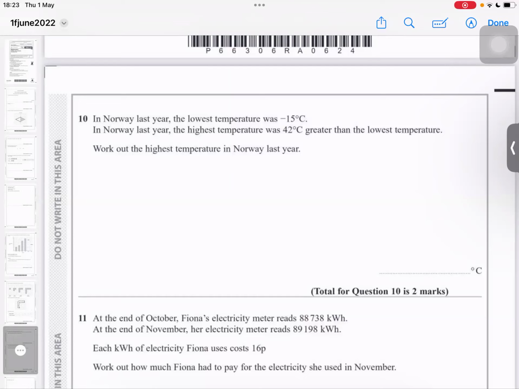Remember the rule when you have a negative on one number and a positive on the other. Minus 15 plus 42. What would that amount to? Do you remember the rule? It's going to stay positive. Yes, it's definitely going to be positive. So what do you think the answer would be? It's minus 15 plus 42.